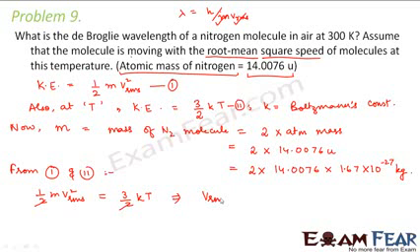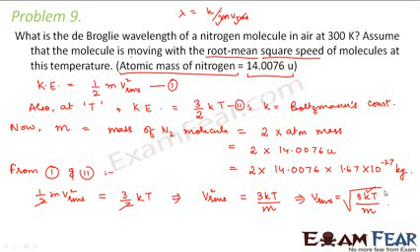From this we can say V RMS square is equal to 3kT divided by M, or V RMS is equal to root over 3kT divided by M. So we know k, which is Boltzmann constant, that is 1.38 into 10 to the power minus 23. T is given as 300 Kelvin, and M we have already calculated here.